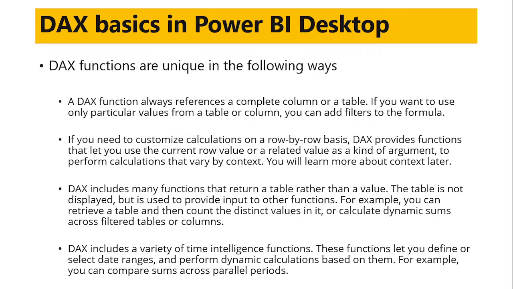If you need to customize calculations on a row by row basis, DAX provides functions that let you use the current row value or a related value as a kind of argument to perform calculations that vary by the context. DAX also includes many functions that return a table rather than a value.